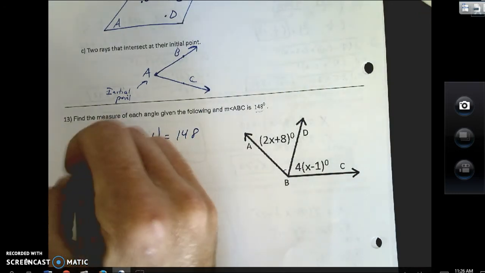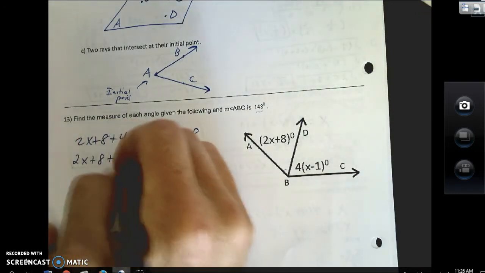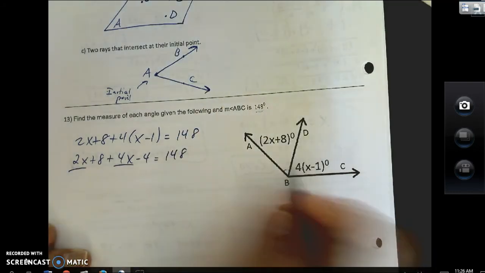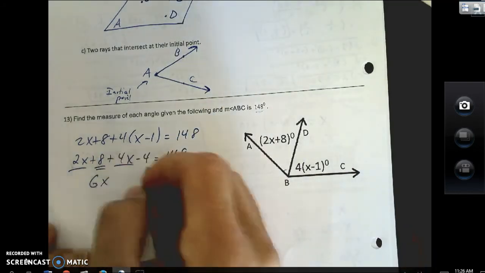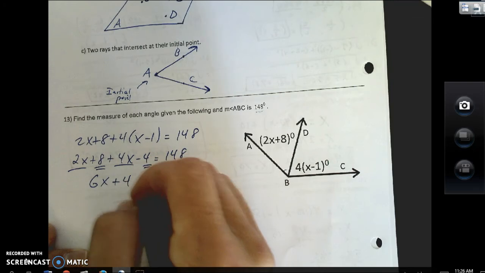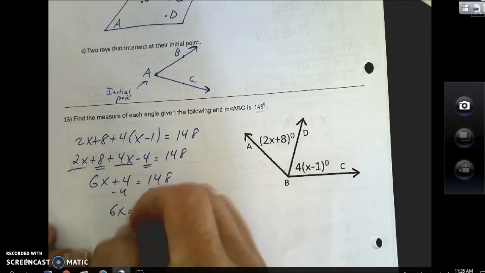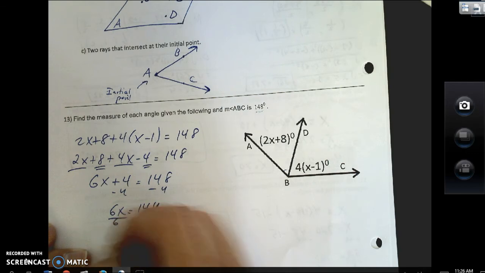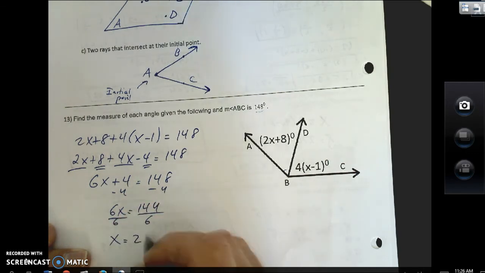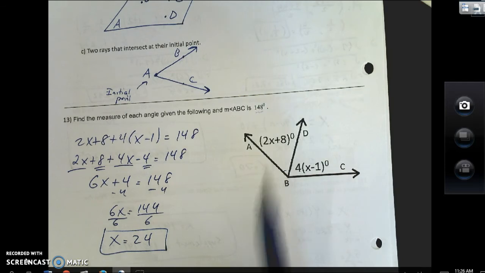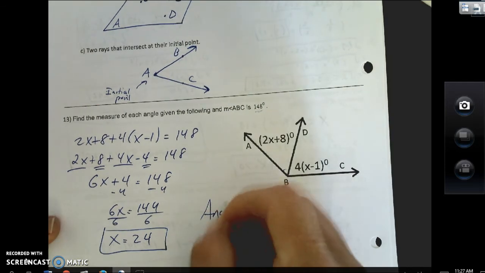Distribute the 4 across. 2x plus 8 plus 4x minus 4 equals 148. Combine like terms. Subtract 4. Divide by 6. X equals 24. This is known as the angle addition postulate.